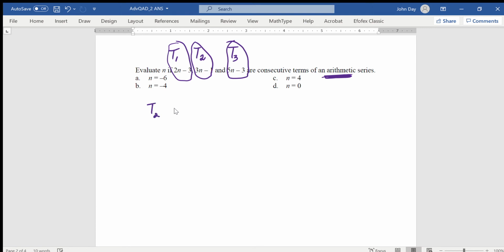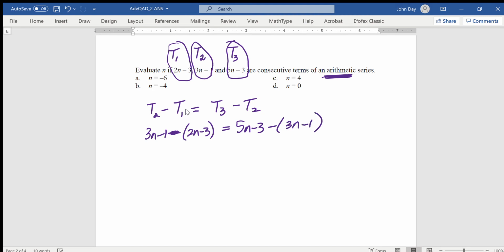Term 2 minus term 1 has got to be the same as term 3 minus term 2. So 3n minus 1 minus 2n minus 3 equals 5n minus 3 minus 3n minus 1.